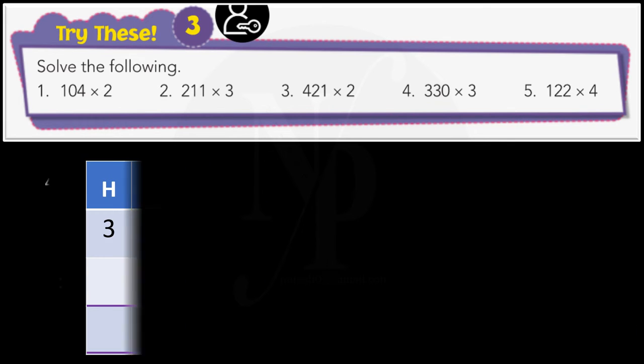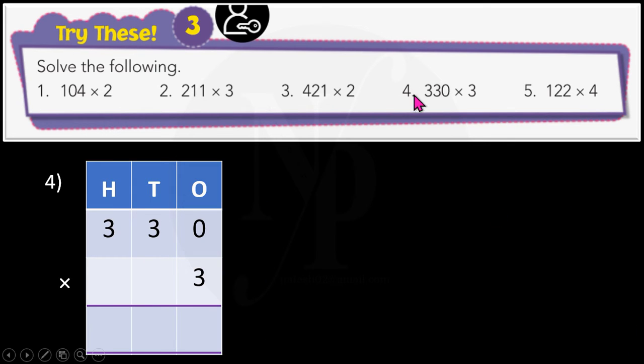Question number 4. So in question number 4 we have 330 into 3. So on writing these numbers in place values table, we will have this, and we multiply the digit at ones place by 3 first. So we have 0 here. So 0 multiplied by any number is 0.